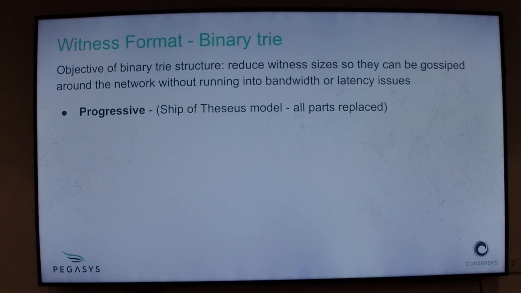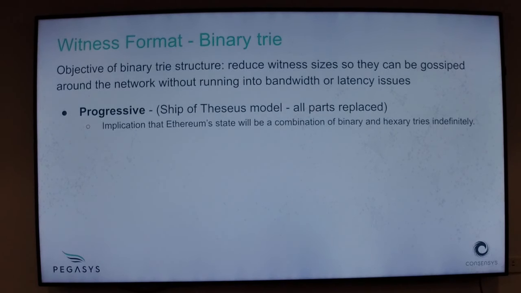Progressive transition is really where you look at the Ship of Theseus model, where effectively all parts of the ship are replaced, but theoretically is it still the same object? That's a question that's posed.